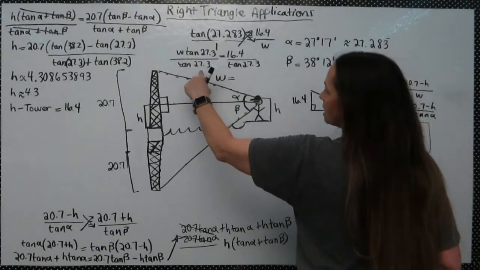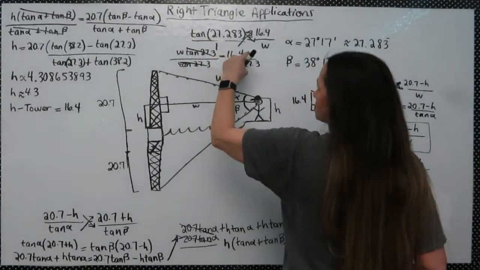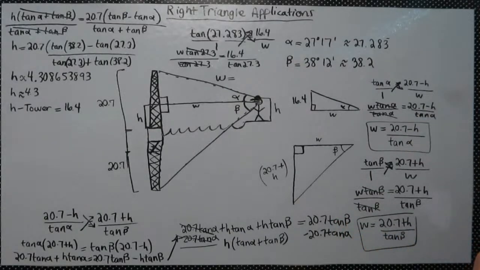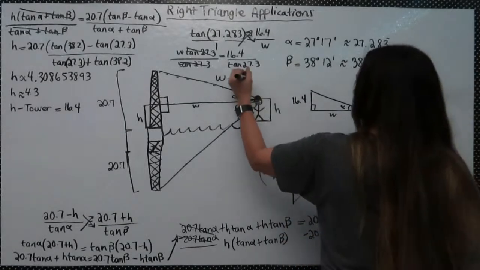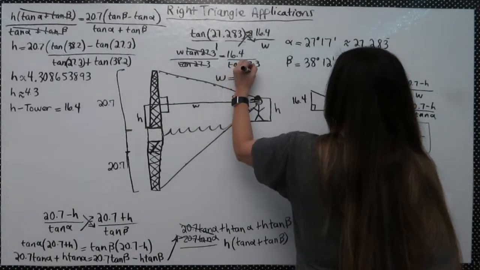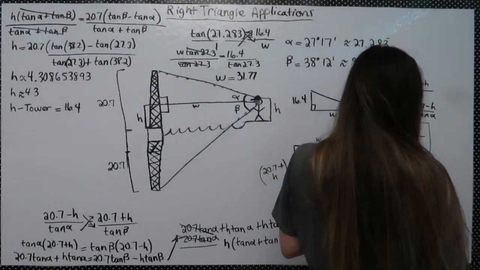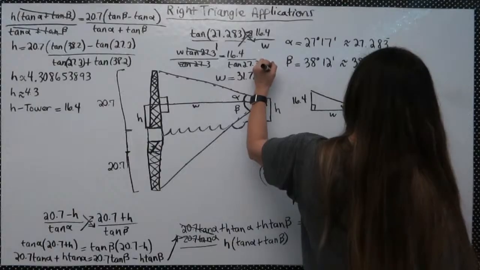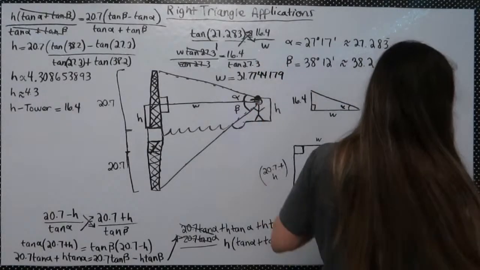And you plug this in. So you'll plug in 16.4 divided by tan 27.3. Right. And I'm getting 31.7744179.